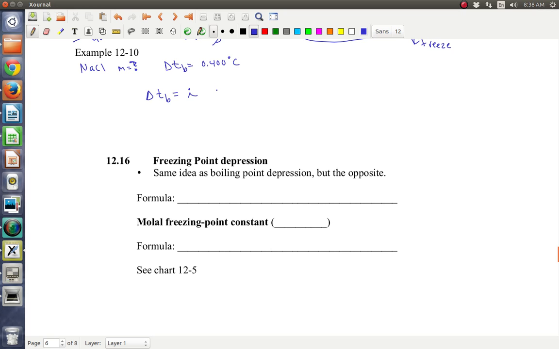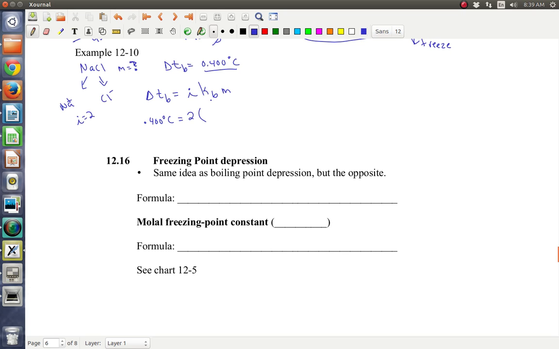Always, in these things, you write down your formulas and see what you can fill in. And then that, a lot of times, leads you right to what you need to do. Here's the change in the boiling point. Okay, what is i? That particle count, the number of pieces that sodium chloride breaks into. And sodium chloride breaks into 2 pieces, sodium and chlorine. So the i is equal to 2.